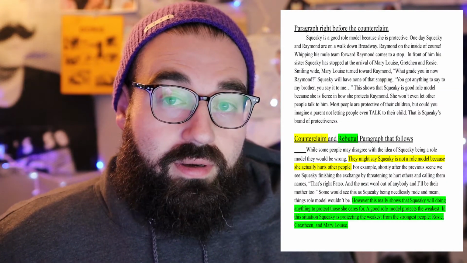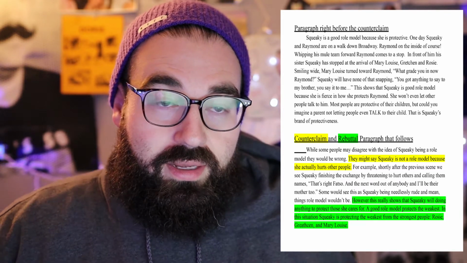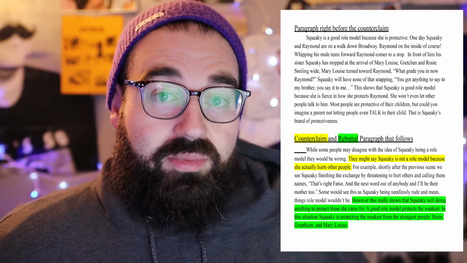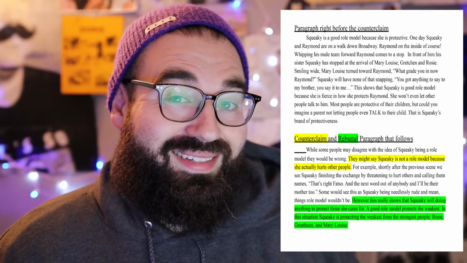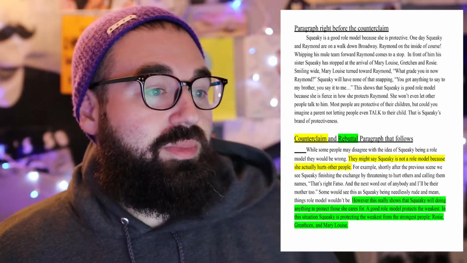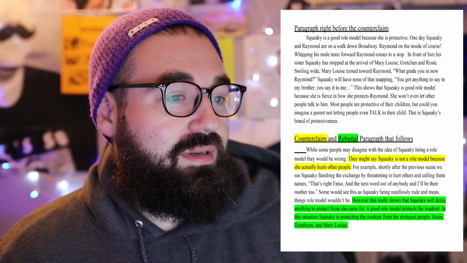Anyways, we're going to look at this first example of the paragraph that comes before, just the beginning of it, so you can see how those two relate. So, right here, we have our other writing, the paragraph that comes before what we're about to write today. It says, Squeaky is a good role model because she is protective.